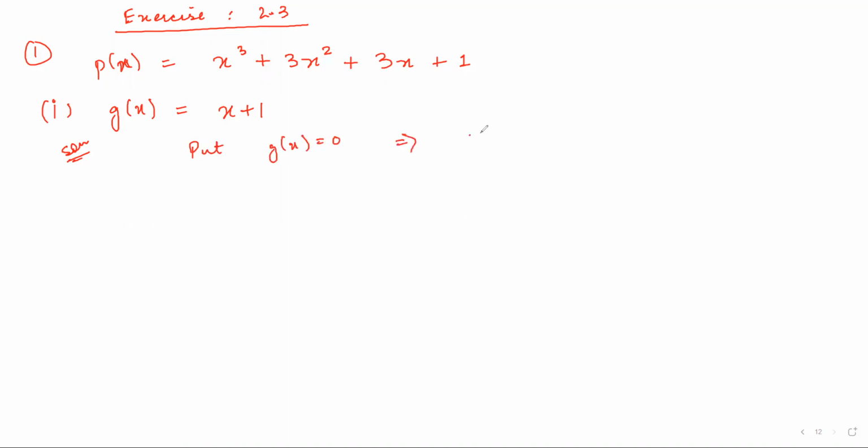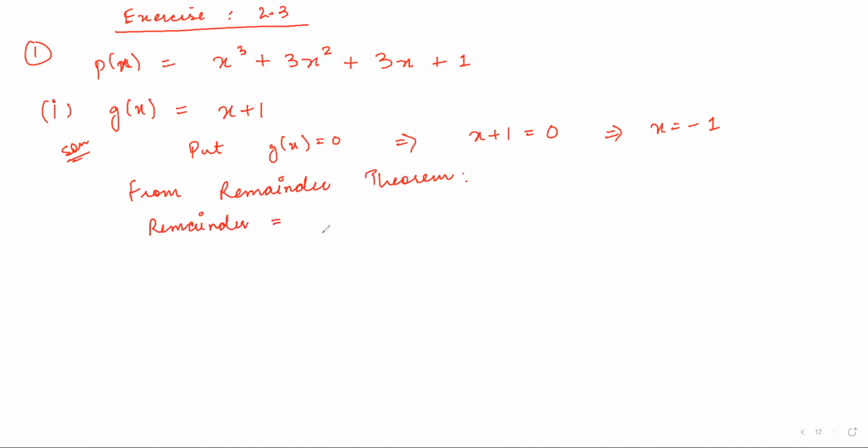That implies x plus 1 is equal to 0, and that gives x equal to minus 1. Is that okay? So from the remainder theorem, remainder is equal to the value of the polynomial at this value which you have found.